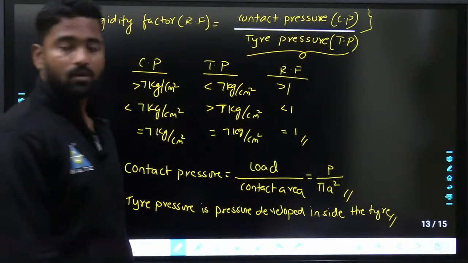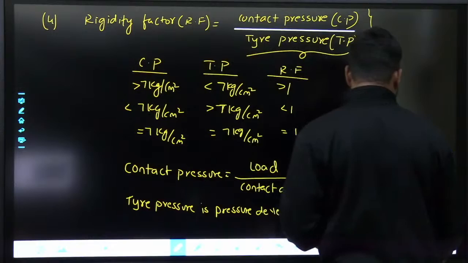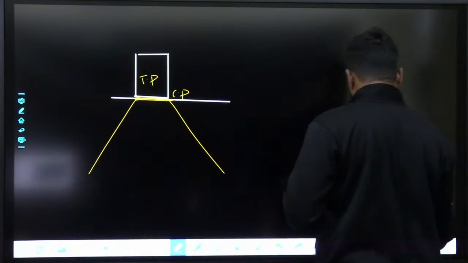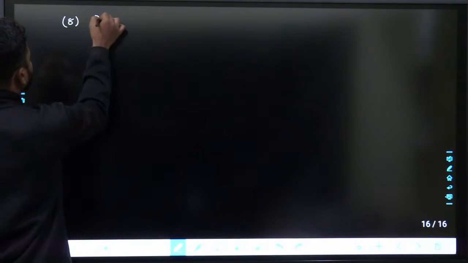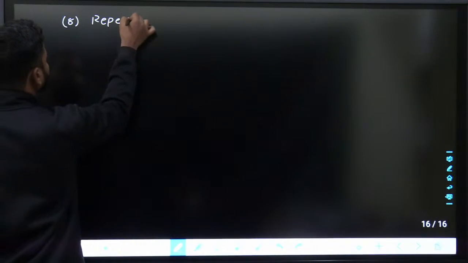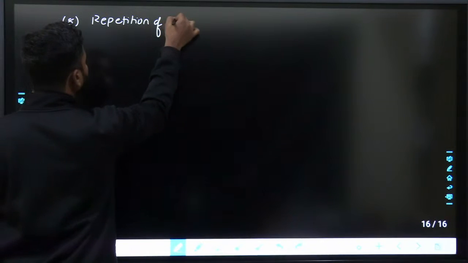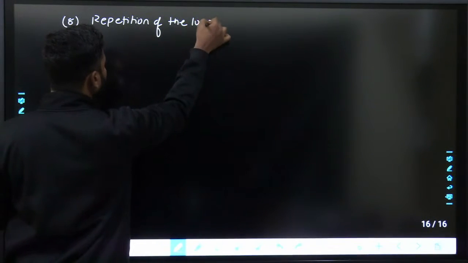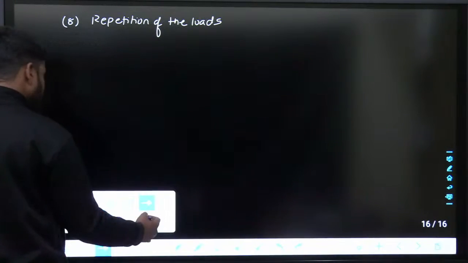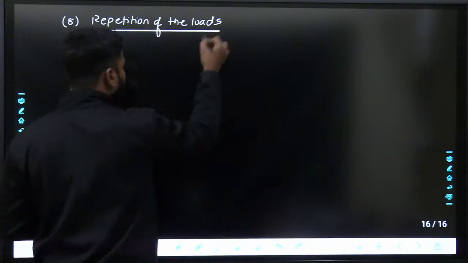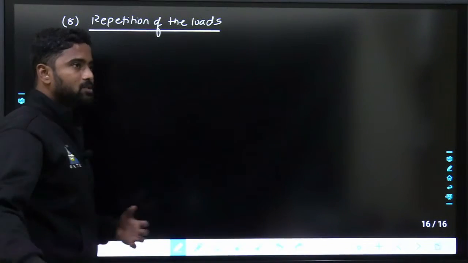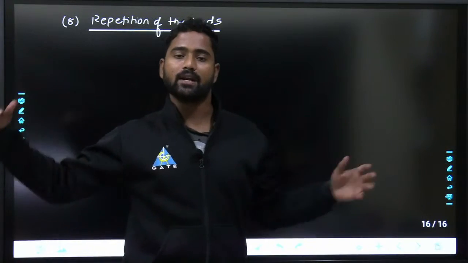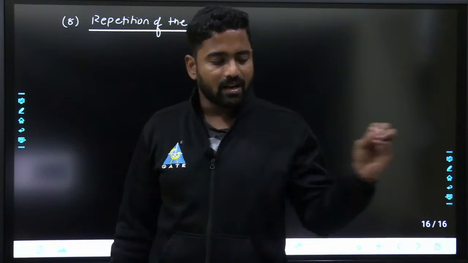No doubts? Fine. Next one is repetition of the loads. Your fifth parameter is repetition of the loads. Generally, higher loads, that means 8.2 tons or 10 tons, will be very few.